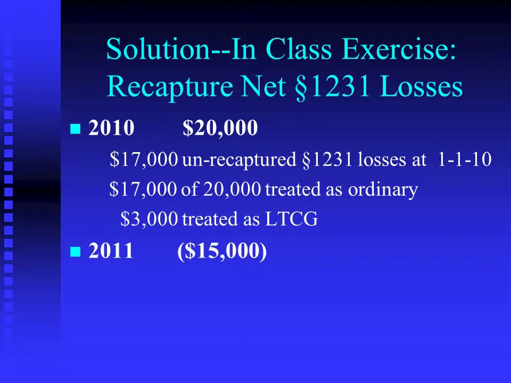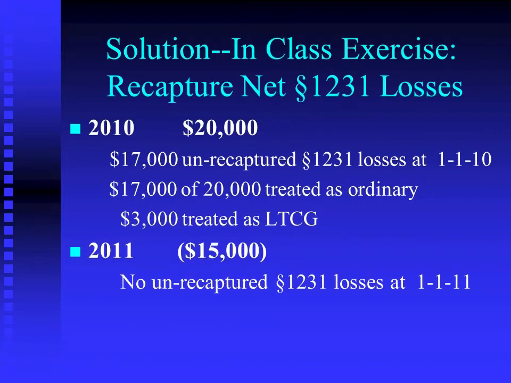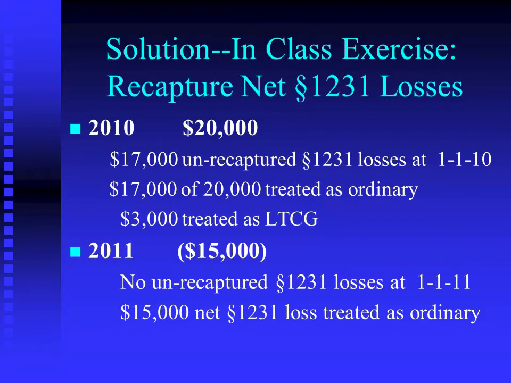But that's not what happened in 2011. I had another loss. The loss is always ordinary, end of story. And it creates the IOU of the $15,000 going forward. And so for the next 5 years, I have the potential of having to recapture my net 1231 gains as ordinary income until I have paid back the whole $15,000.